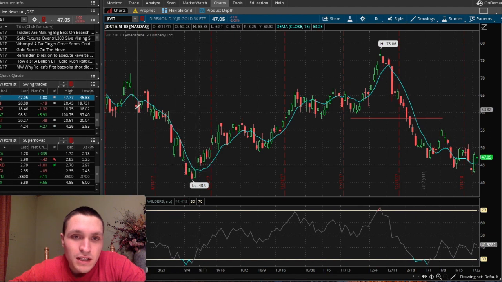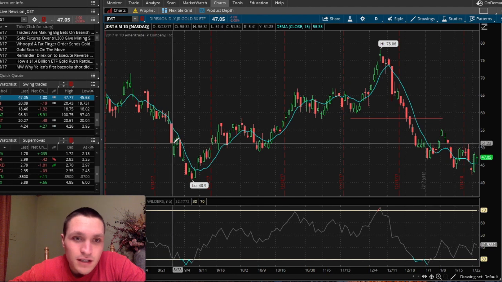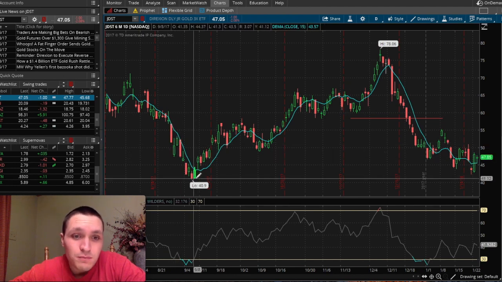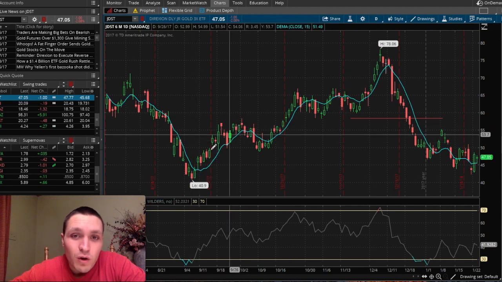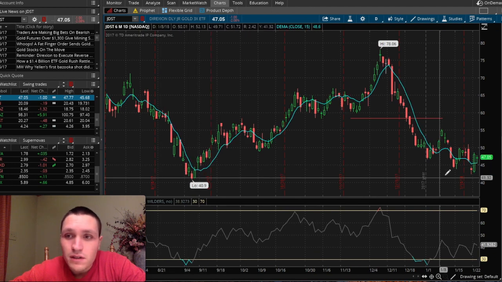If I'm trying to guess the bottom the whole time this stock's fallen, I could have guessed here was the bottom, I would have been wrong. Could have guessed here was the bottom, I would have been wrong. Here's the bottom. So you want to buy once it is already trending up. You don't want to buy when it's trending down and try to guess the bottom.